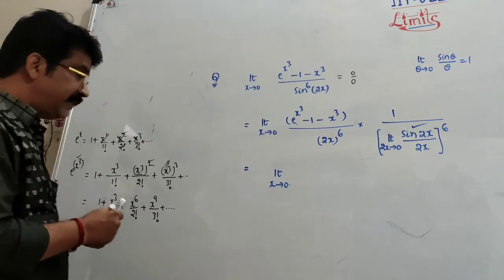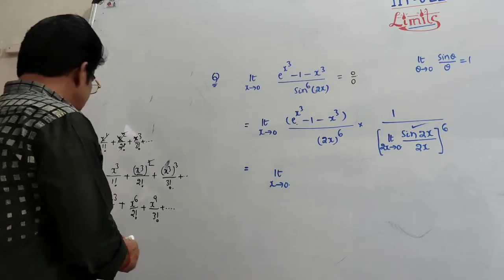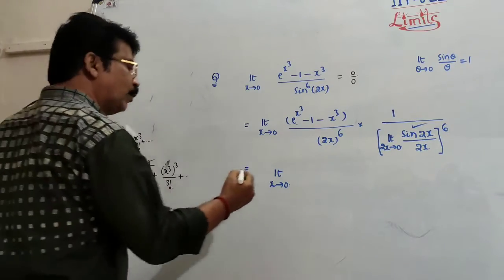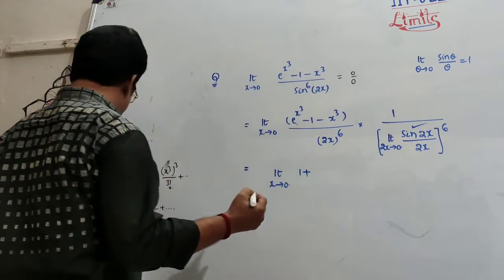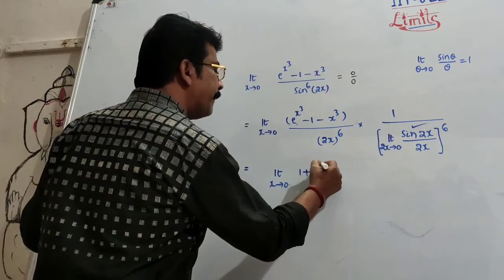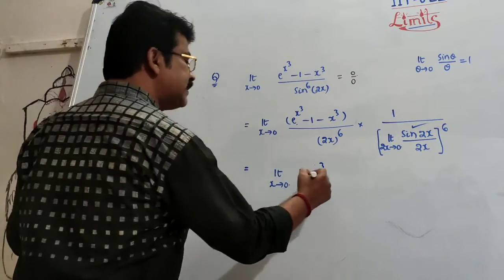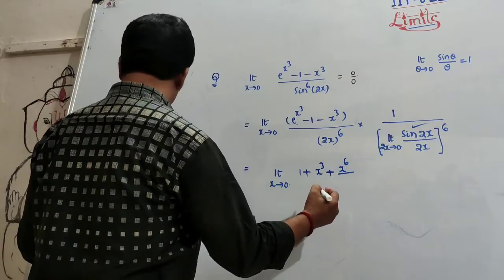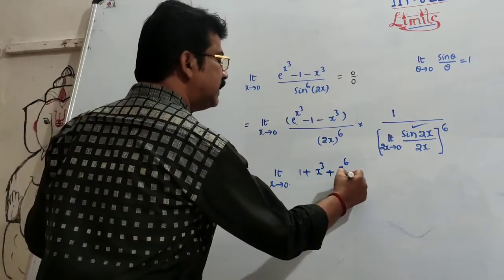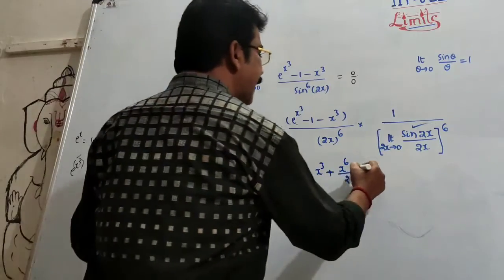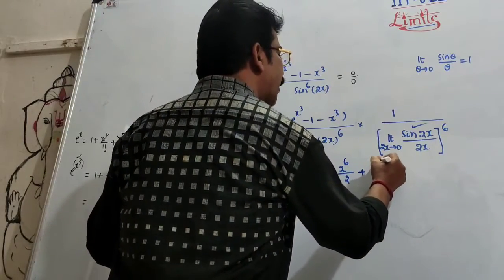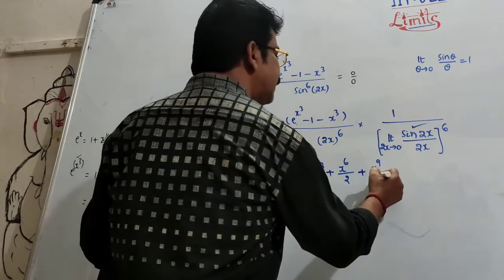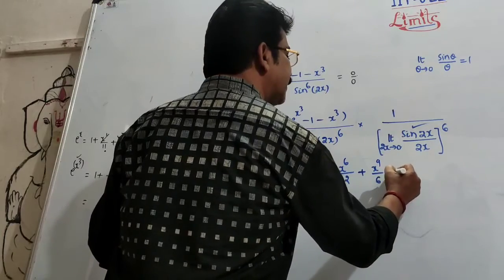Now I will substitute the series. It is 1 plus x cubed, plus x to the power of 6 by 2 factorial, meaning 2, plus x to the power of 9 by 3 factorial, meaning 6, and so on.